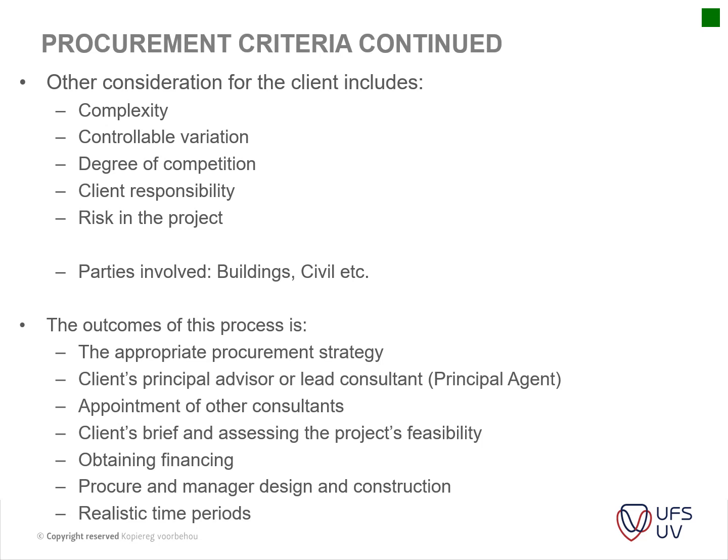Okay, so the procurement criteria that we've got really depend on the complexity of the project. Is it a very complex project? If it's a standard house that you're building, you can either opt to just appoint a draftsman or architect and do the drawings and then supply the drawings to your contractor, who then will do all the measurements and the planning and the costing for it.